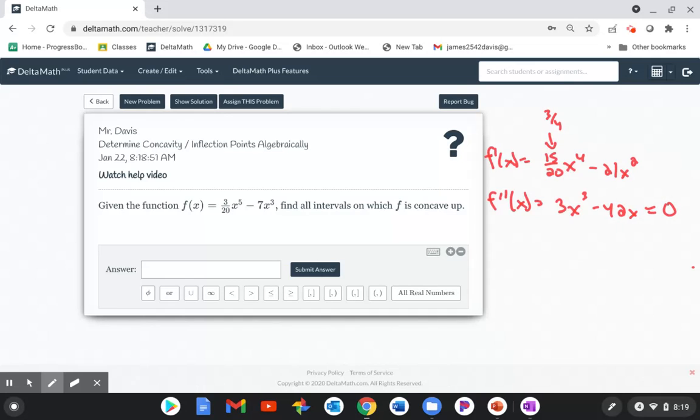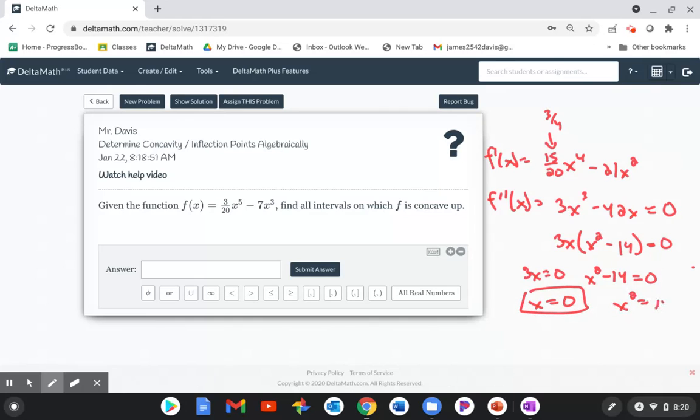We'll then have to do a little factoring here. Let's pull out a 3 and an x. And then we're left with x squared minus 14 equals 0. So then we have 3x equal to 0, and x squared minus 14 equal to 0. The first gives x equals 0, our first inflection point.